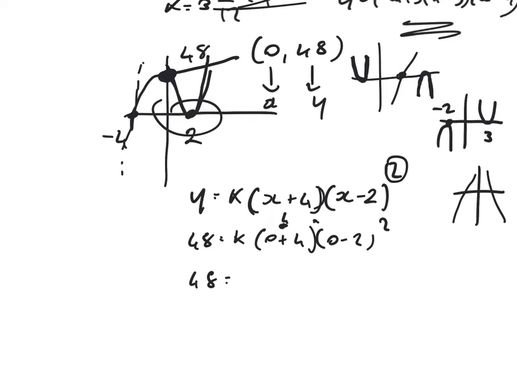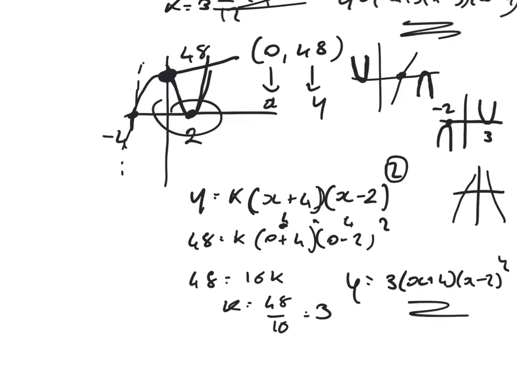But minus 2 squared is 4. So that's 4 times 4 times k, which is 16k. k is equal to 48 over 16. k is equal to 3. Final answer is 3 bracket x plus 4 bracket x minus 2 all squared.